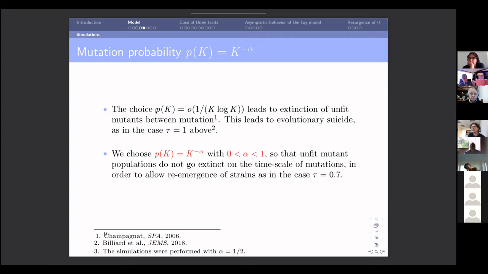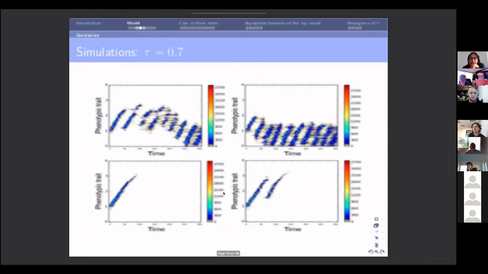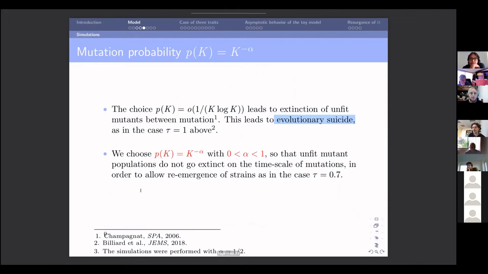And so in this case, if you choose that in the simulations I presented, then we get something that looks like the evolutionary suicide case that I showed you before when tau was equal to 1, this case here. So it means that mutations are too rare. So I need to take something in between, so k to the minus alpha with alpha between 0 and 1 is something interesting.